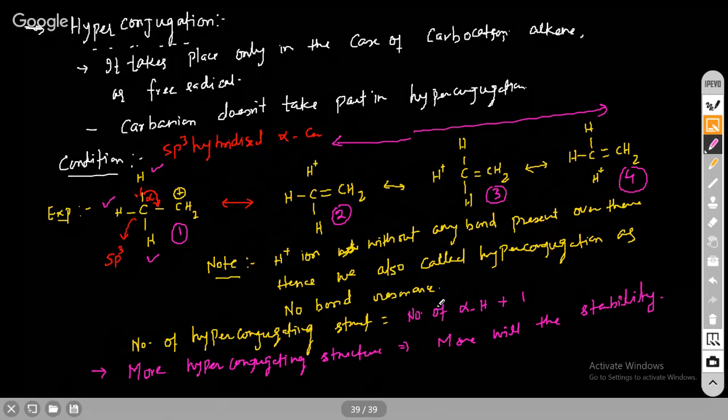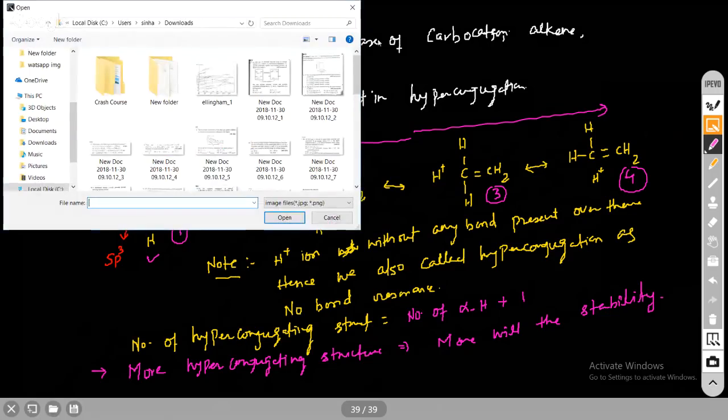More alpha hydrogen. So to sum up all this, if the number of alpha hydrogen is more, then more will be the stability of the compound.